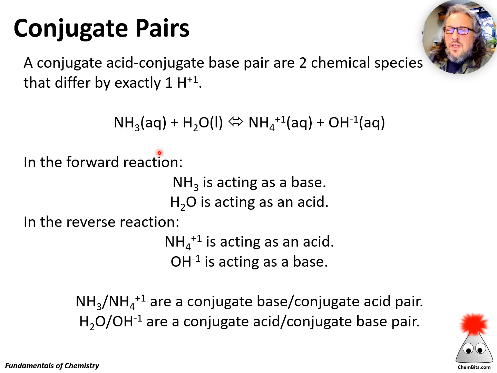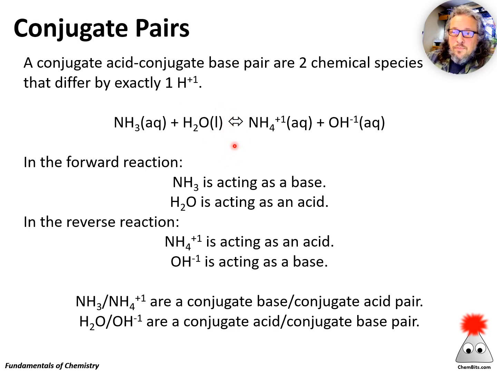These two species differ by exactly one H+. If we think about this as an equilibrium, a reaction going in both directions, going forward, ammonia is acting as a base. In the reverse reaction, ammonium is acting as an acid. So ammonia and ammonium are a conjugate base, conjugate acid pair. They differ by exactly one H+.